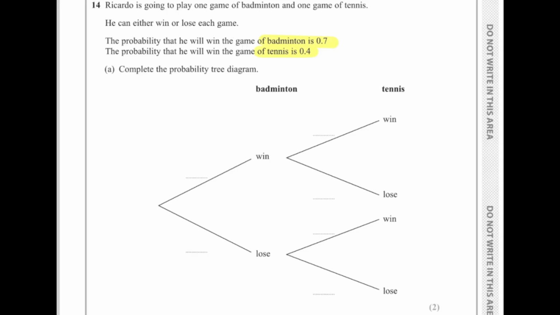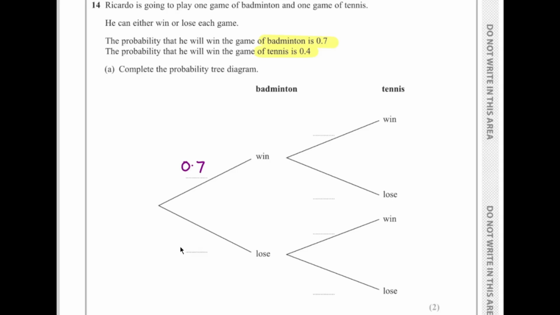Here, now we need to get the branch that represents badminton. Then let's get for winning. The probability that he will win the game of badminton is 0.7. This is 0.7.